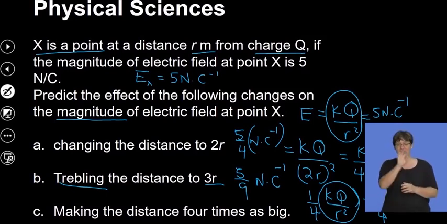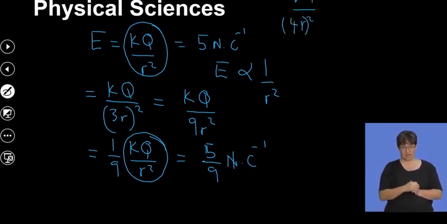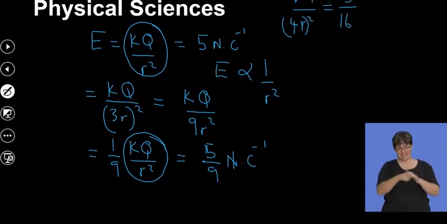If it's 4 times as big, it's going to be KQ over 4R squared. So we're squaring 4R, and this is 5 over 16 newtons per coulomb. So it's even smaller and smaller.